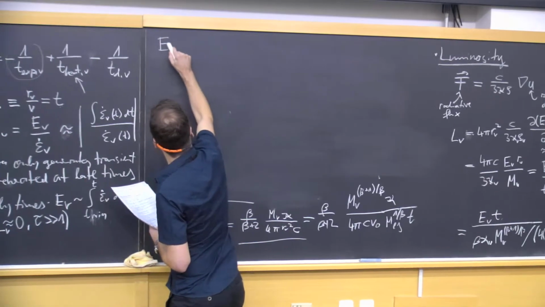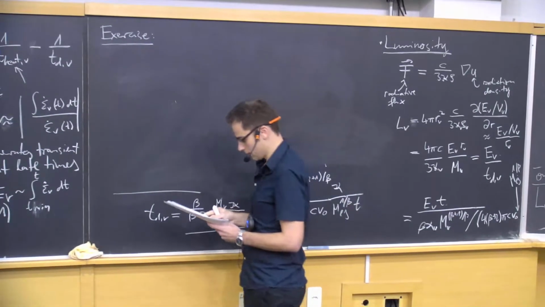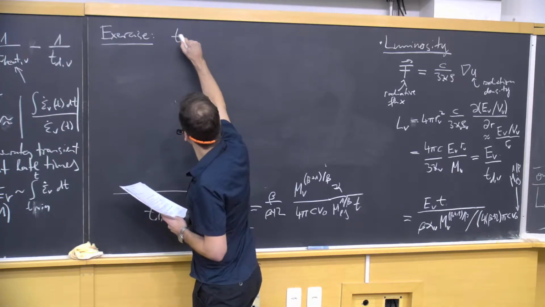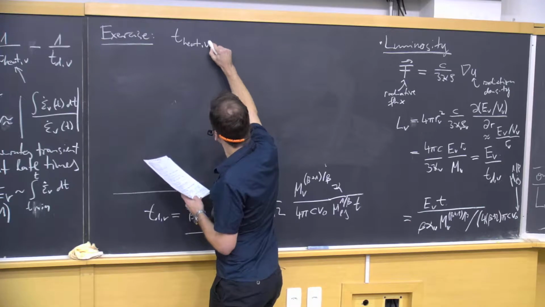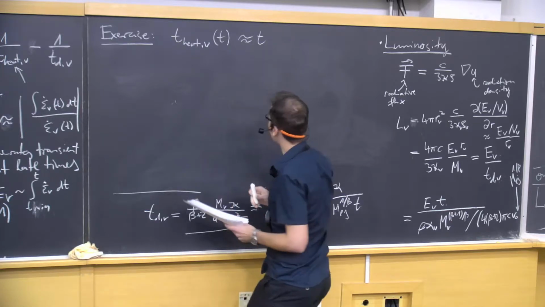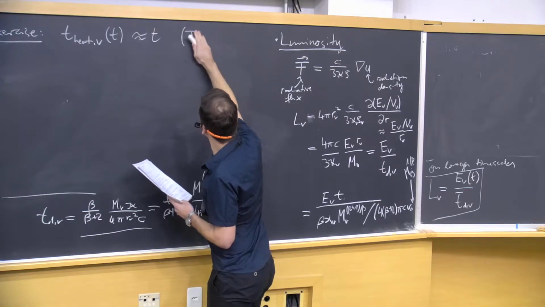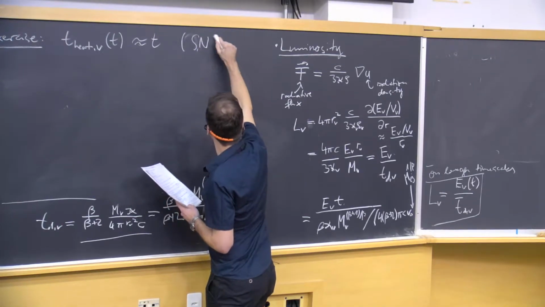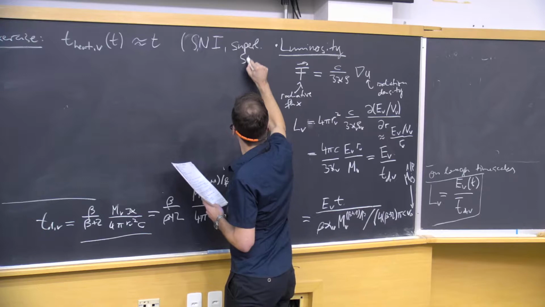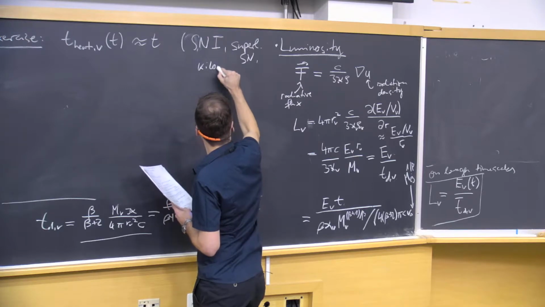So it's also a fairly simple exercise, and that's something you can do in the hands-on sessions if you want, to show that this heating time scale is essentially also given just by the time t. And that applies to supernovae type 1, also to superluminous. And as we'll also see, you can also derive this for kilonovae.